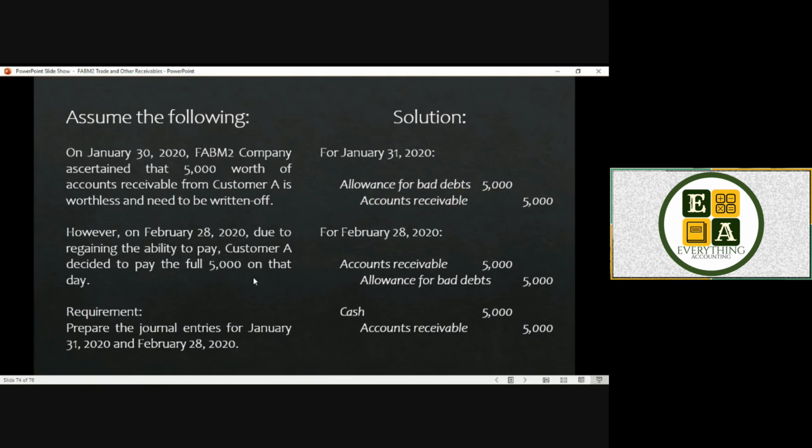Again, we are assuming here allowance method. Then for February 28, again, first to establish the receivable accounts with debit accounts receivable and credit allowance for bad debt account. Then took effect the collection with debit cash and credit accounts receivable. Okay? Ayan. Simple as that. Yan yung accounting for write-off.